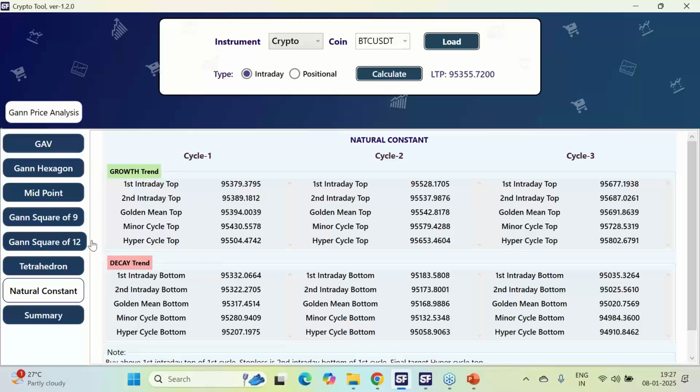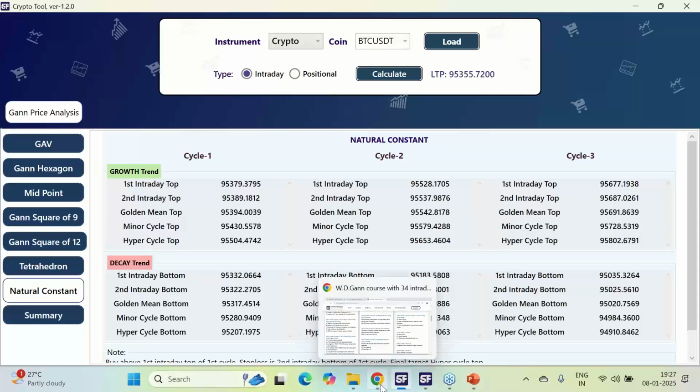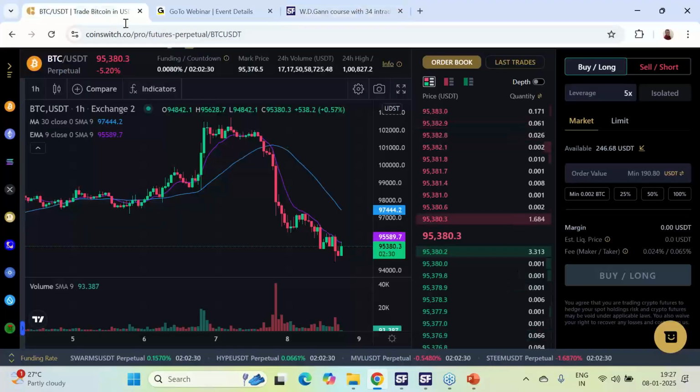And this is our new tool for cryptocurrency analysis. Recently we concluded one webinar on crypto, and it is a fantastic instrument for traders. Number one reason for crypto trading is you can take exposure with very little money, no extra leverage is required.